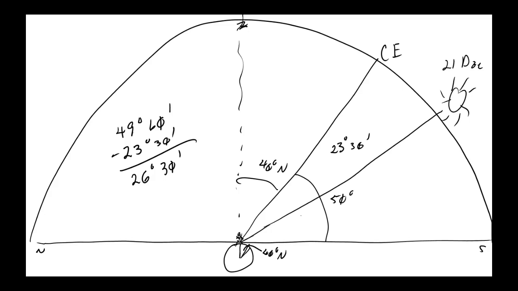Venus will be just after sunrise. Okay, let's do Venus. I'm going to use the stuff that she gave us. It would also be just before sunrise. Just happens to be just before sunrise too.